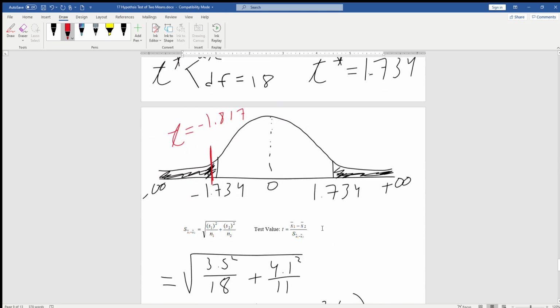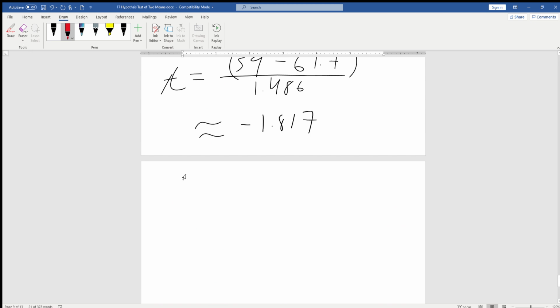And at this point, we're probably really good about doing the conclusions. So we are going to say, since the test value falls in the reject region, we reject the null hypothesis.